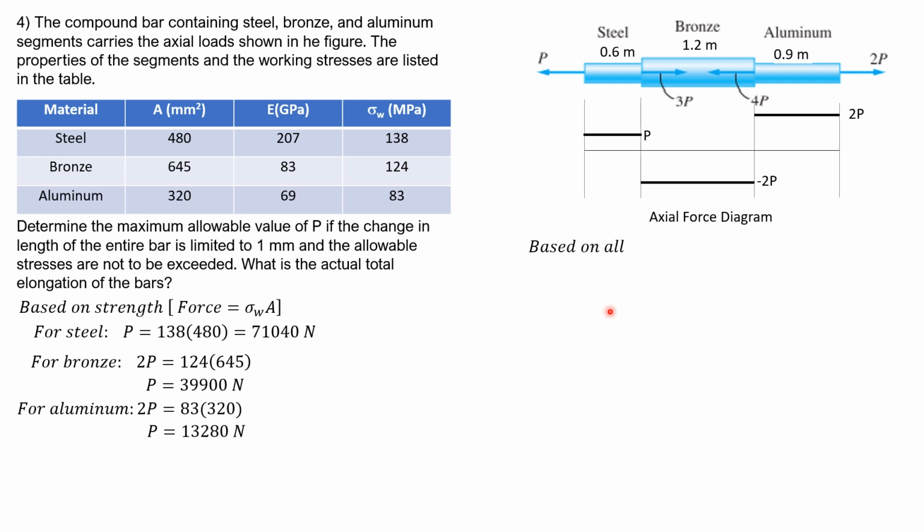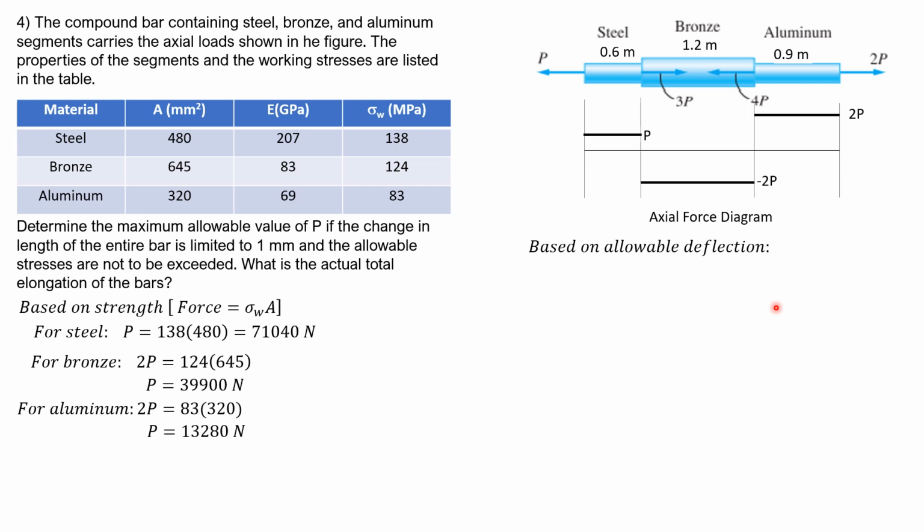So based on allowable deflection, because there are two segments here that are in tension, definitely the net deflection would be elongation. 1 mm should be treated as positive, because there are two segments here that are in tension.